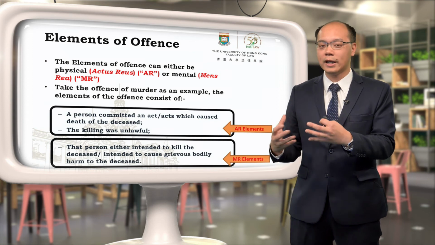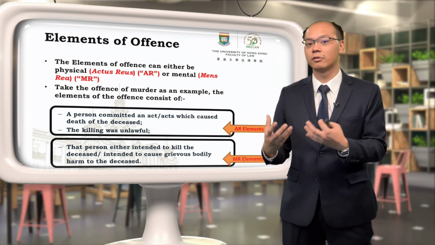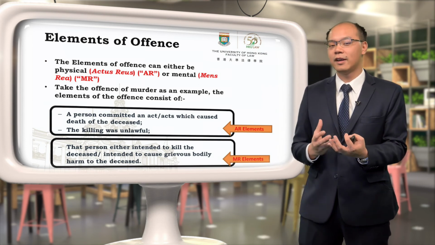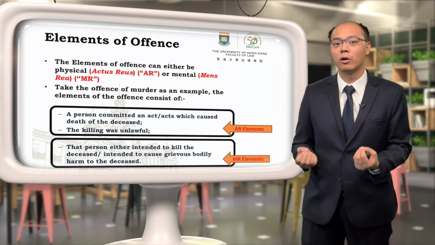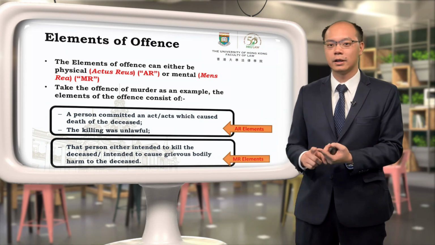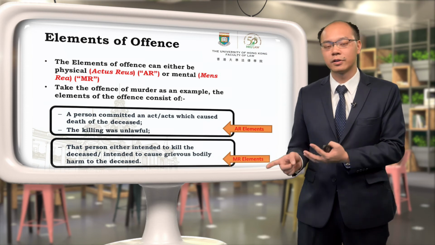Now, when it comes to criminal proceedings, obviously, as you could imagine, it's something related to crime, right? And there are so many types of criminal offenses in Hong Kong, right? Theft, criminal damage, murder, manslaughter, things like that.